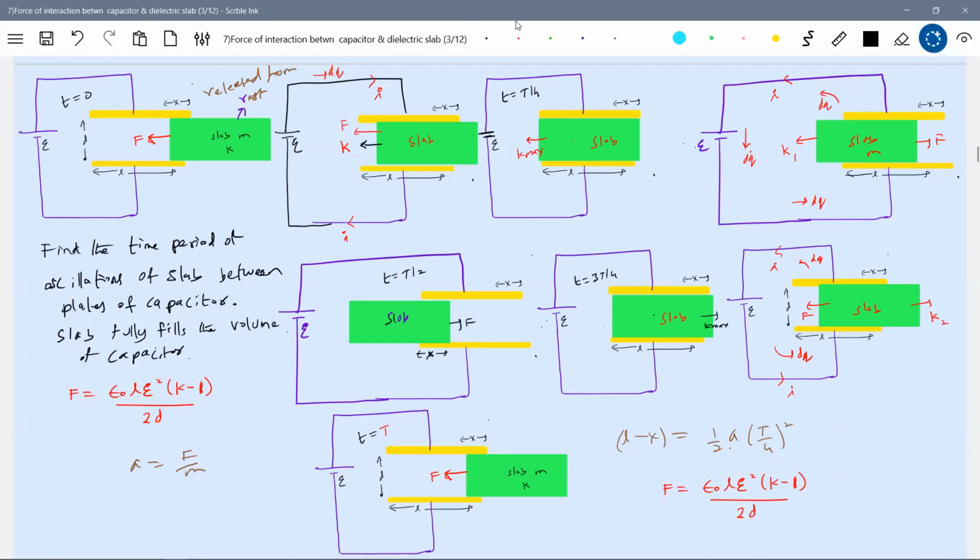The next step, we'll write it here. L minus x equals, already this 1 by 2 I had to adjust, no? In place of a, it will become md T square by 16. Okay, now solve for T to get the required answer.